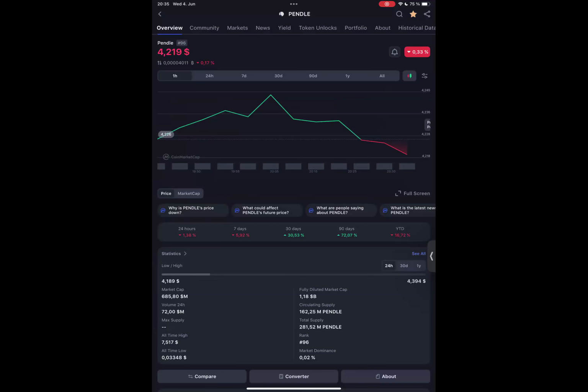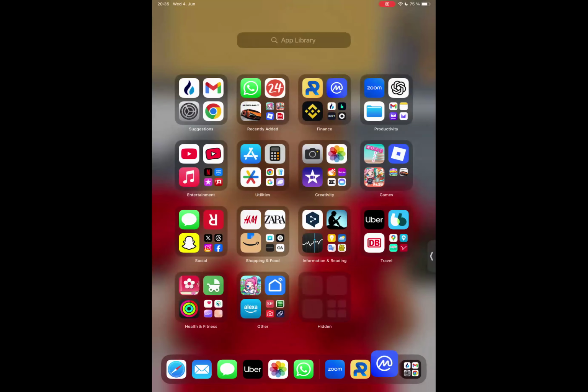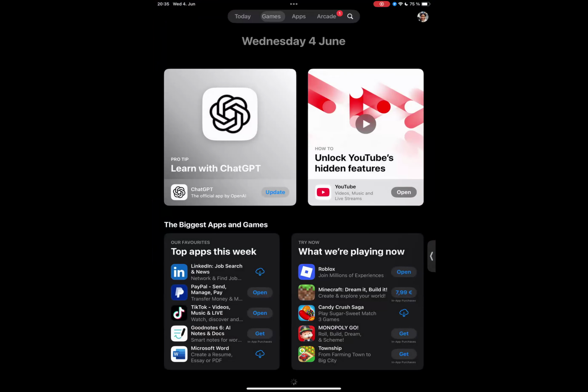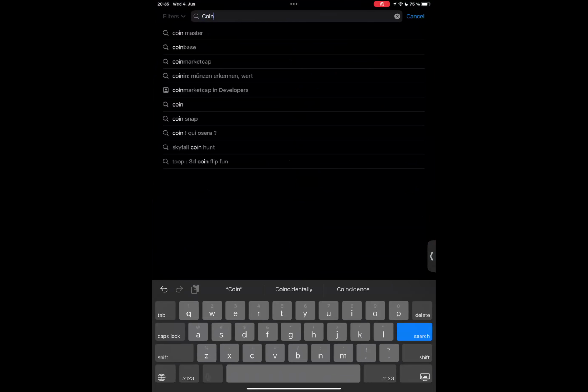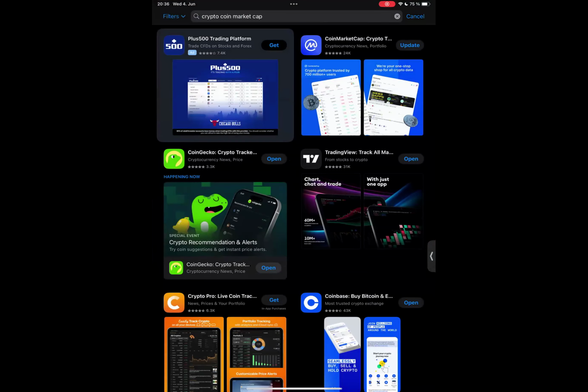And where do you get that from? If you are new to this meeting, you can get it on Coin Market Cap. Just go to your App Store or your Google Store. Then you type Coin Market Cap. Then it pops out.